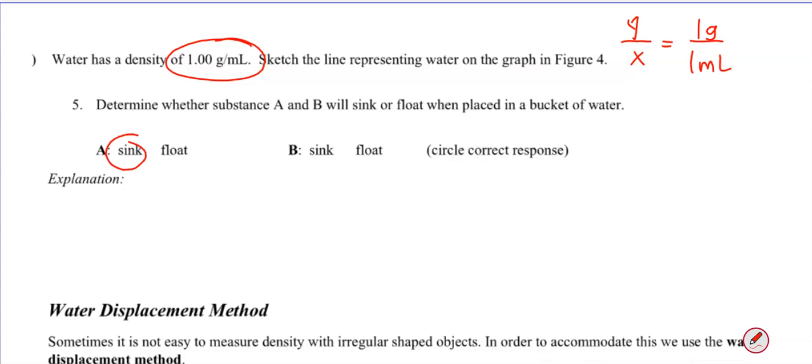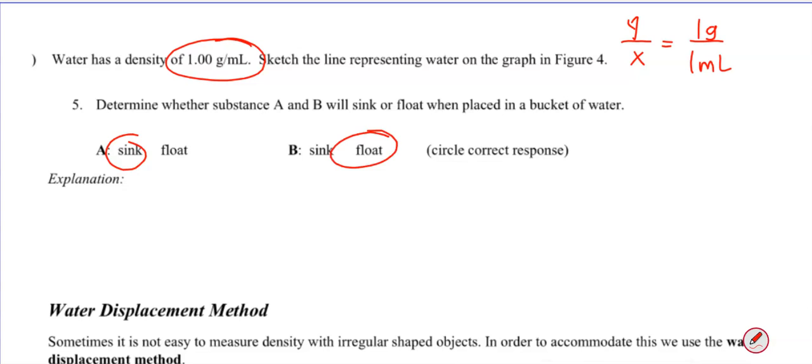Let's think of things that are more dense than water, like lead. That's more dense than water. Copper, those metals are more dense than water. So what happens for substance B? Substance B will float because it's less dense than water.